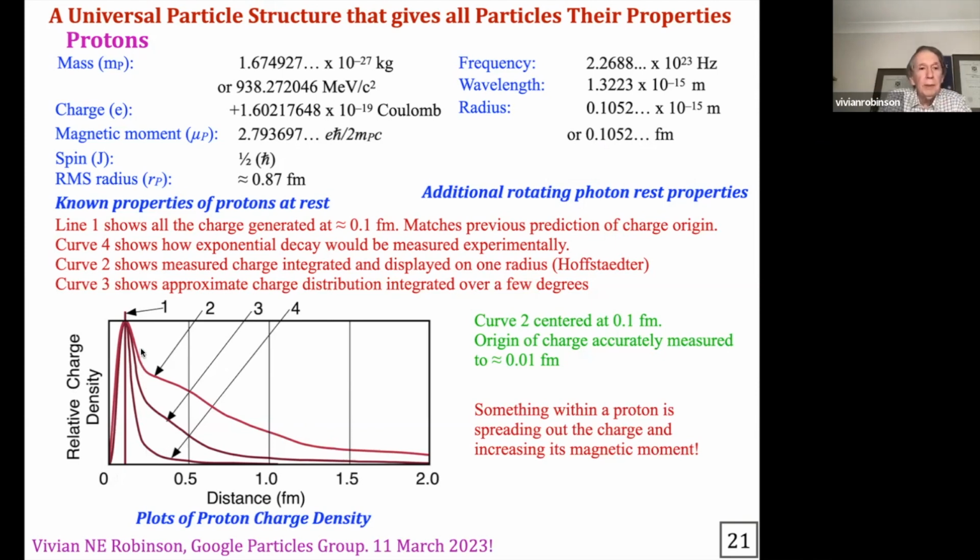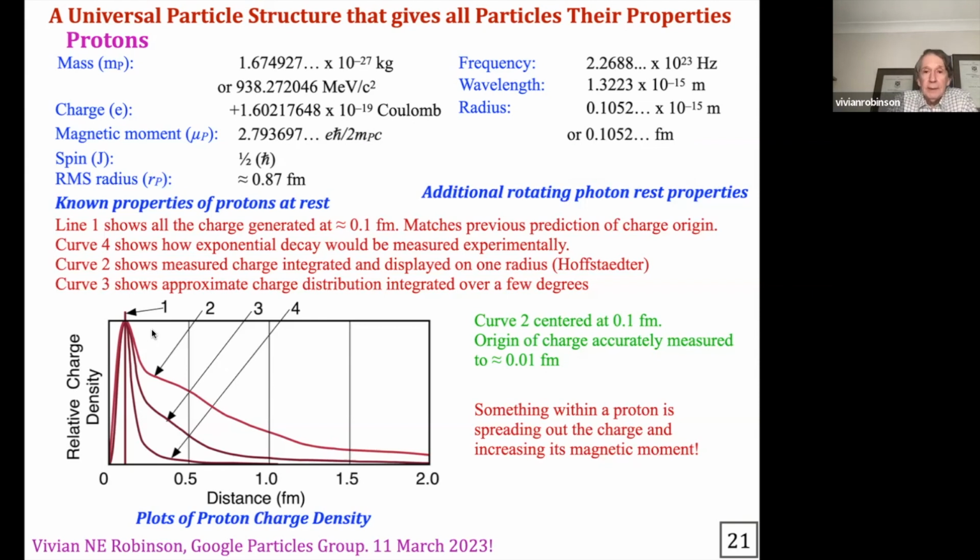If it was measured experimentally, experimental limitations would mean you wouldn't measure it as a single point. You'll get a bit of an exponential decay. It's shown there. What is actually measured is this curve 2. It peaks, yes, at about 0.105, just about 0.1 FM.